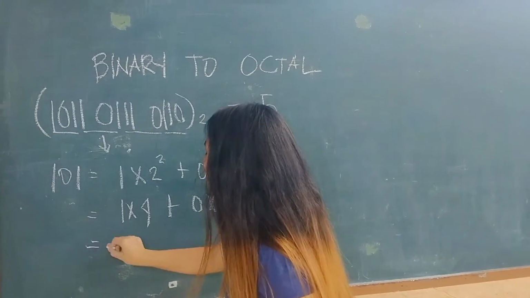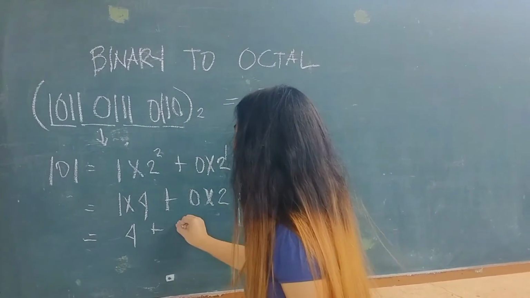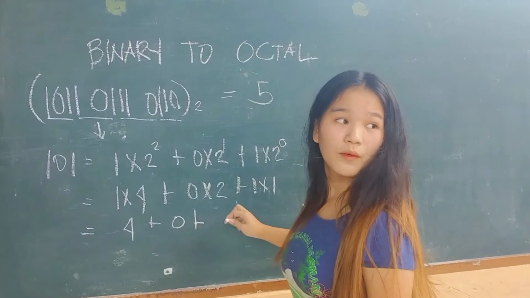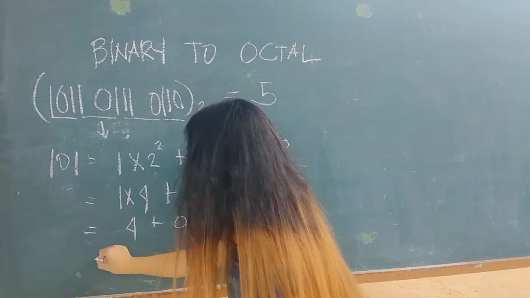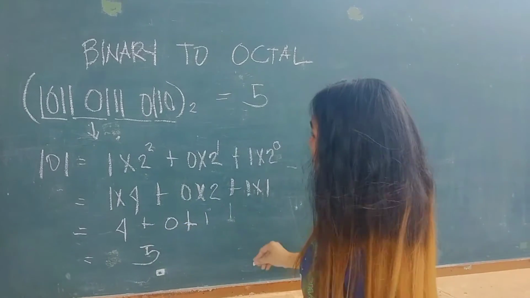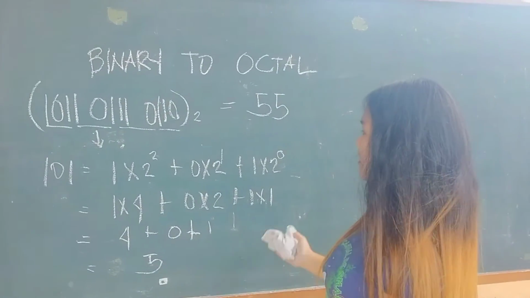So, 1 times 4 is equal to 4 plus 0 times 2 equals 0 plus 1 times 1 is equal to 1. So, therefore, the answer is 5. We should put the 5 here so we can get it. We can't limit it.